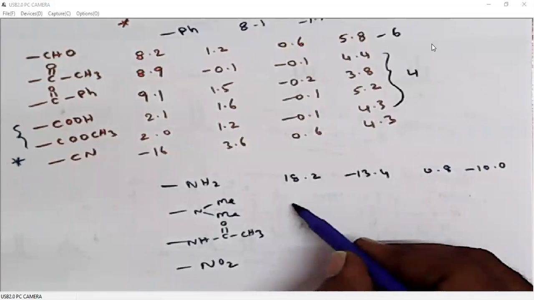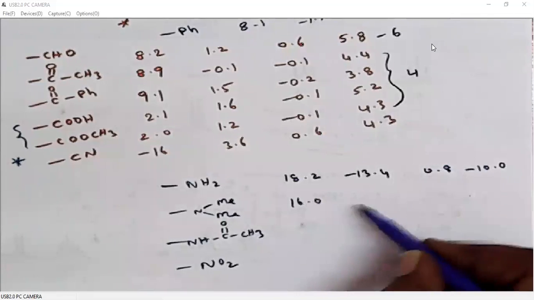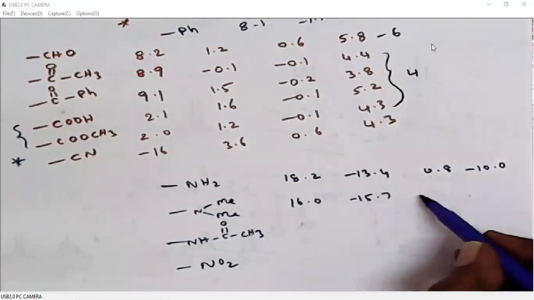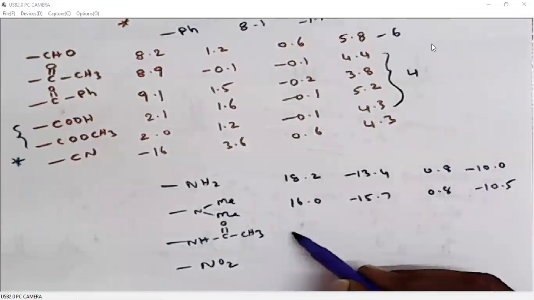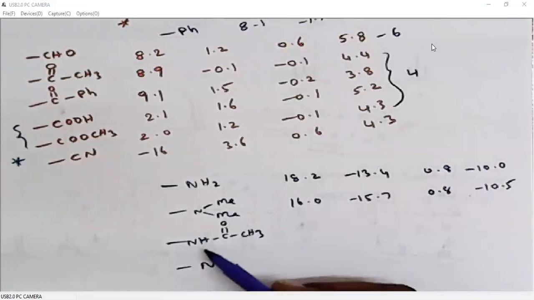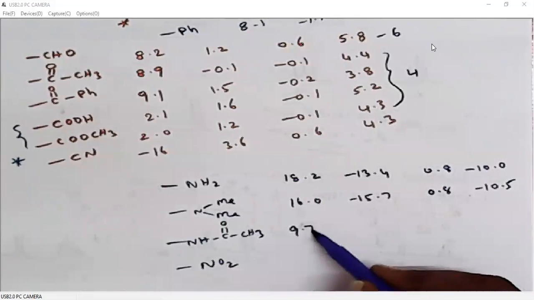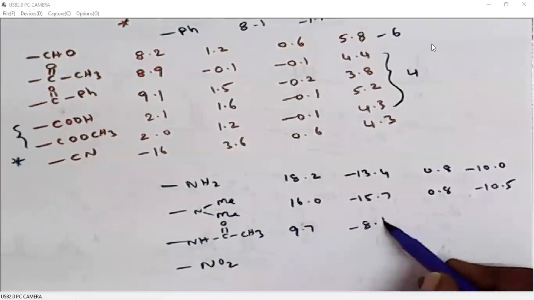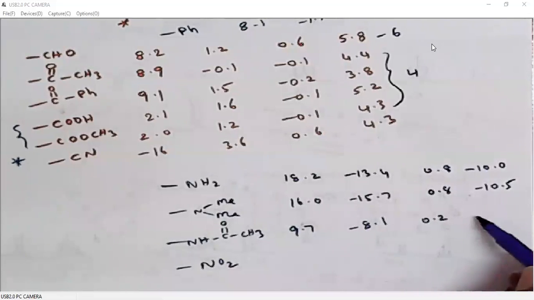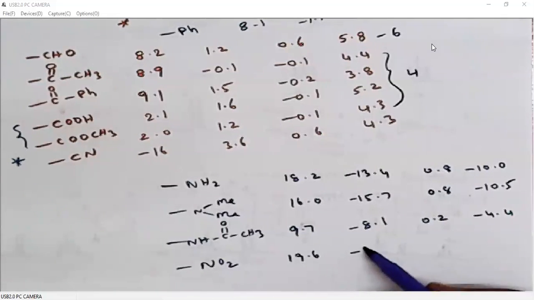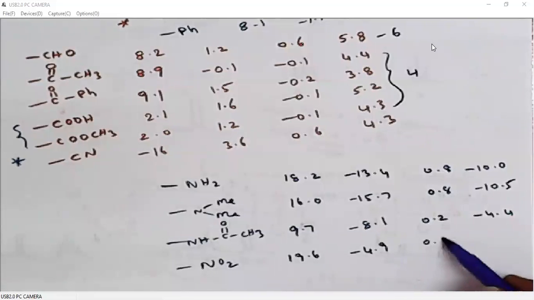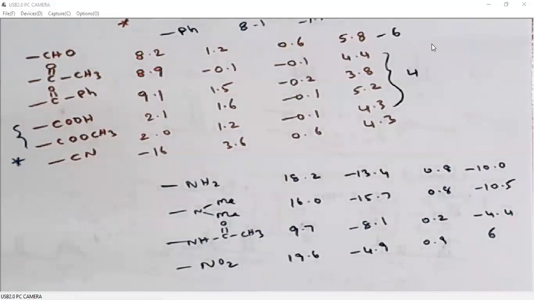For N,N-dimethylamine, it is 16, minus 15.7, 0.8, minus 10.5. If nitrogen is part of an amide, it is 9.7, minus 8.1, 0.2, minus 4.4. For nitro, it is 19.6, minus 4.9, 0.96.